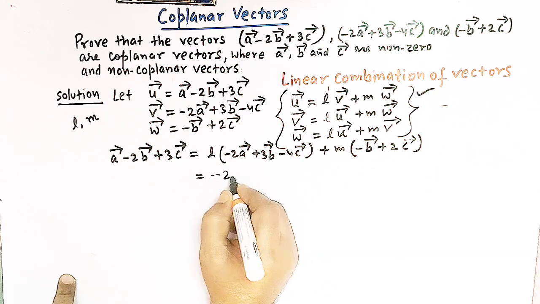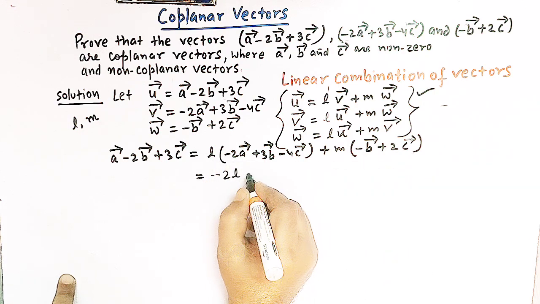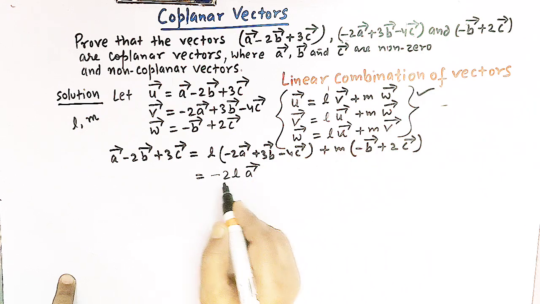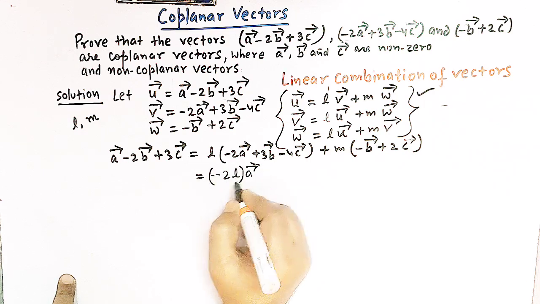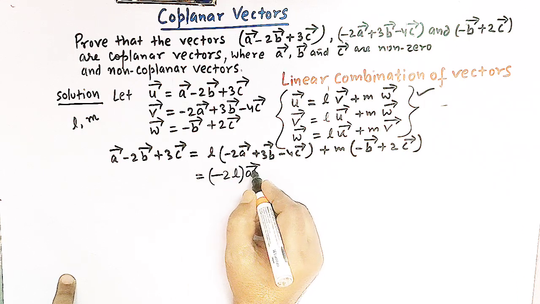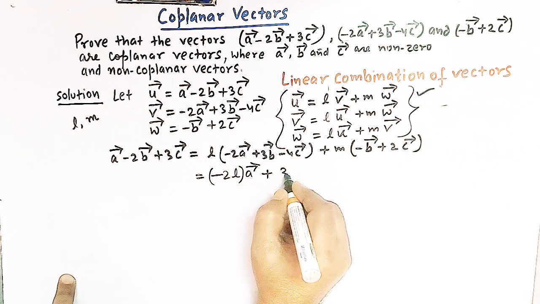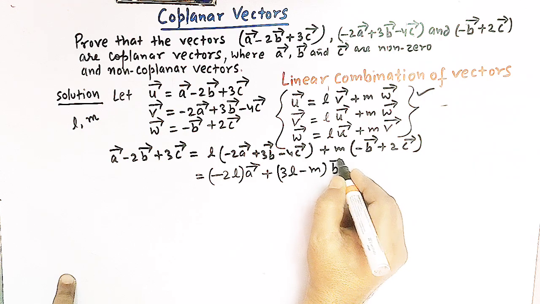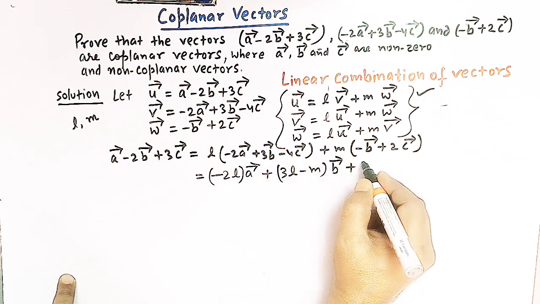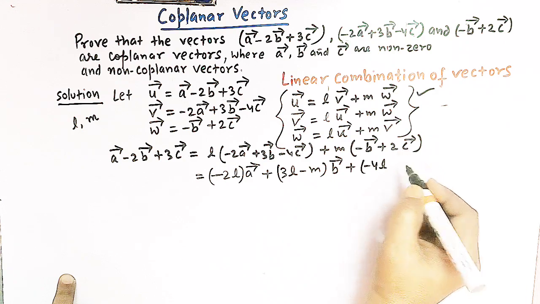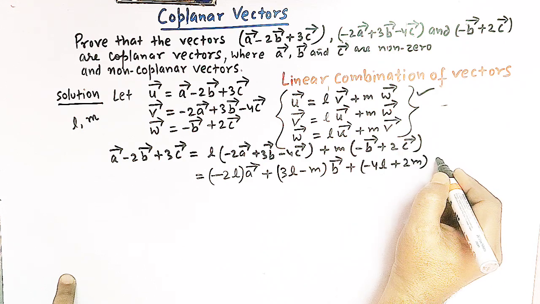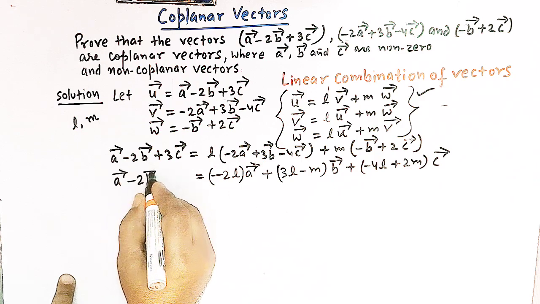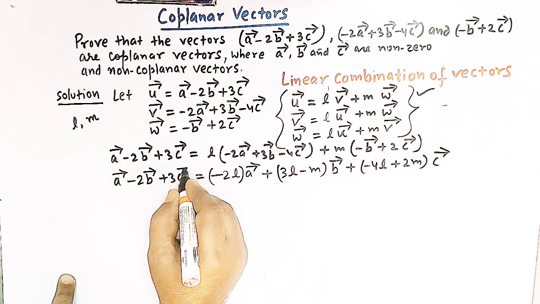We can write minus 2l times vector a, and then 3l minus m times vector b, and then minus 4l plus 2m times vector c. On the left side we have vector a minus 2b plus 3c.